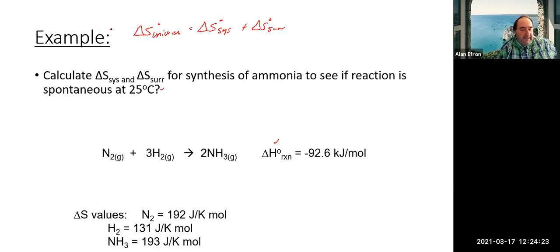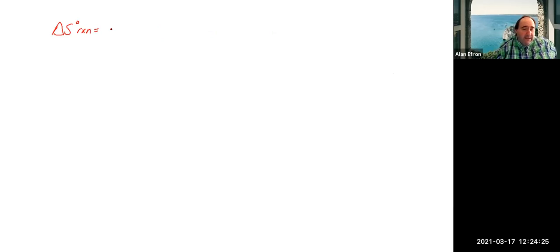And again, if those values were not provided for you, you would go to the table and look those values up. So what we have is, I believe, on the product side, 2 times the NH3 value, which is 193. So we're going to go with 2 times 193.